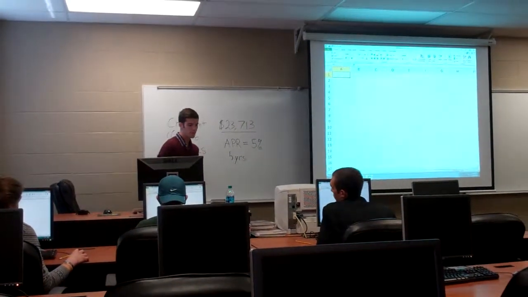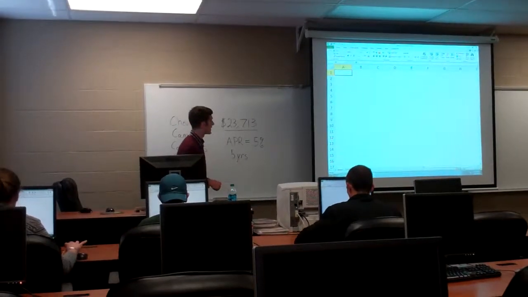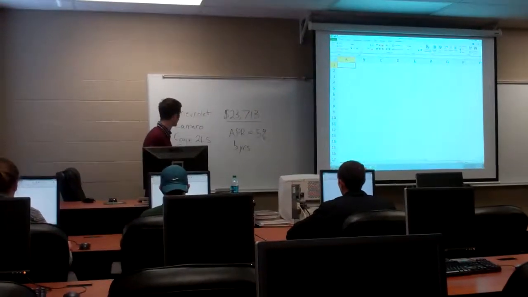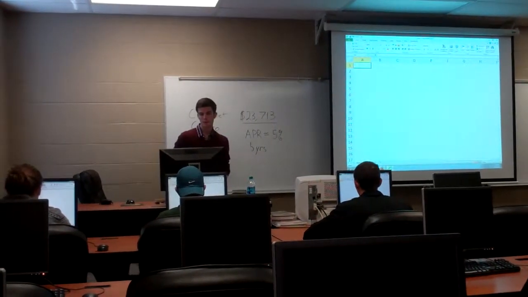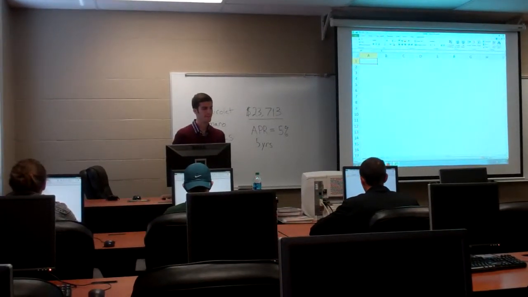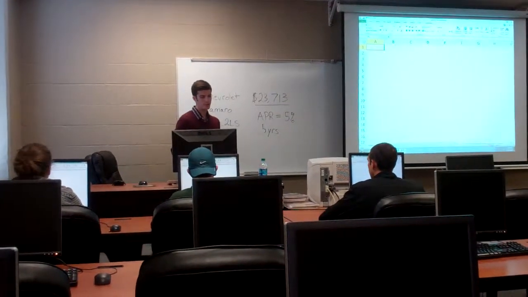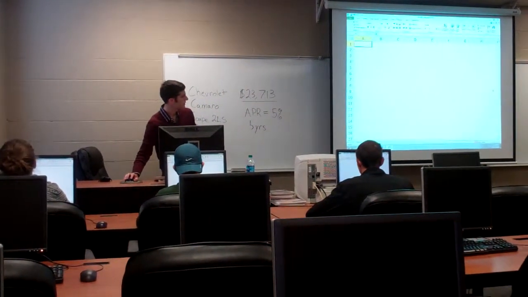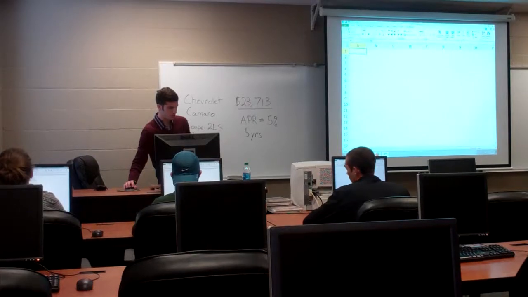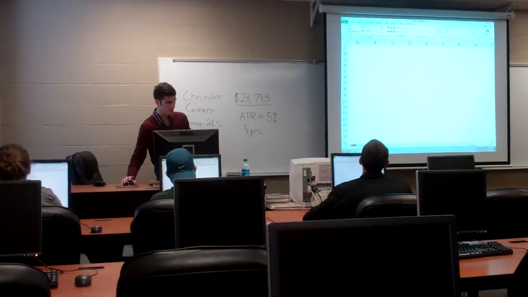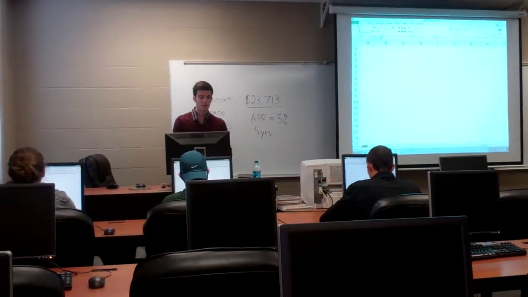Okay, now everyone go ahead and pick one car, and I pick my car. It goes to Chevy Camaro. I've always liked this car. Now first we're going to name our sheet down below here, towards the bottom of our screen where it says sheet 1. You want to double click that and name it the name of your car.